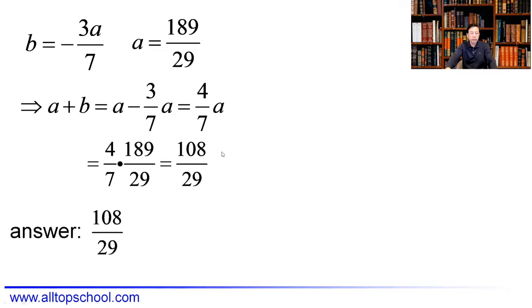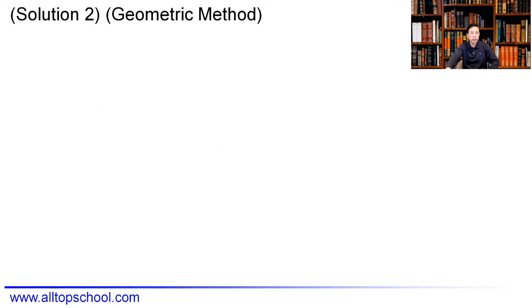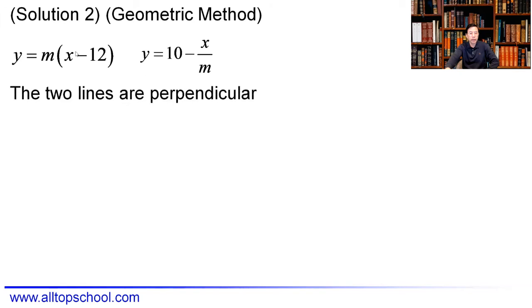We have a geometric method to solve this one. I'm going to share with you the second solution as well. That will be using coordinate geometry properties. You can see the first two equations are perpendicular, because the two lines have slopes m and -1 over m.